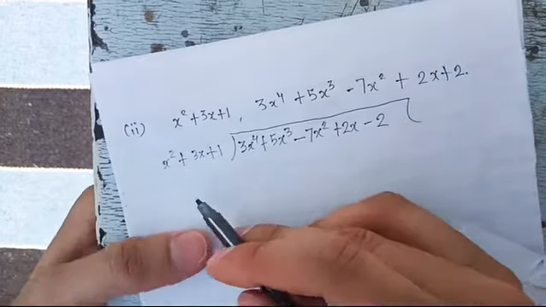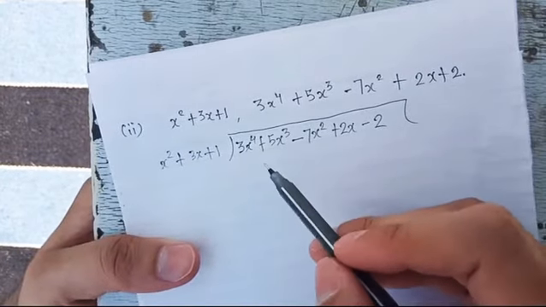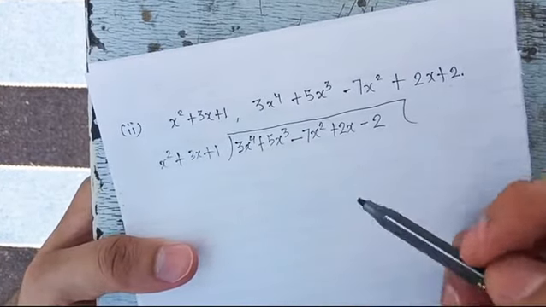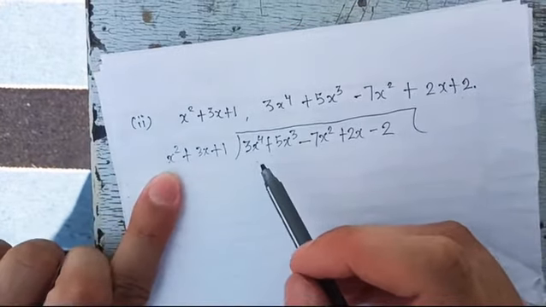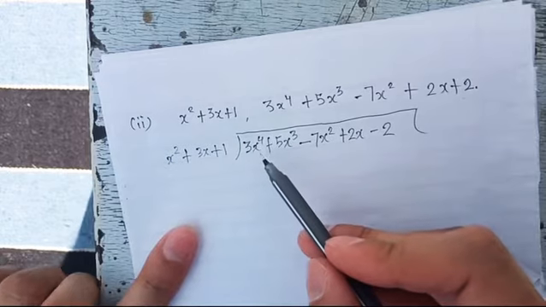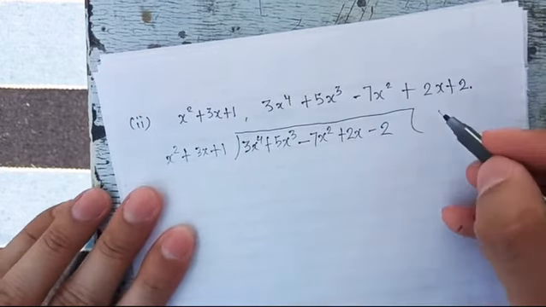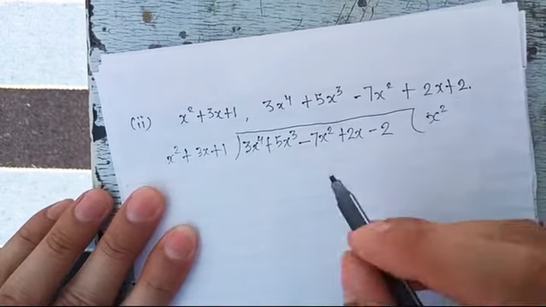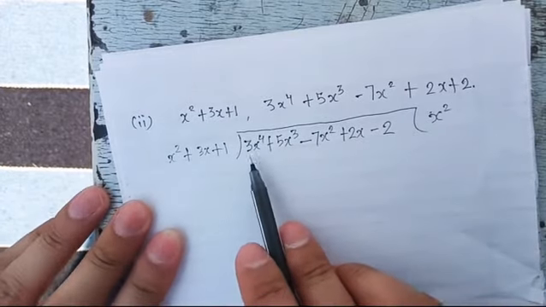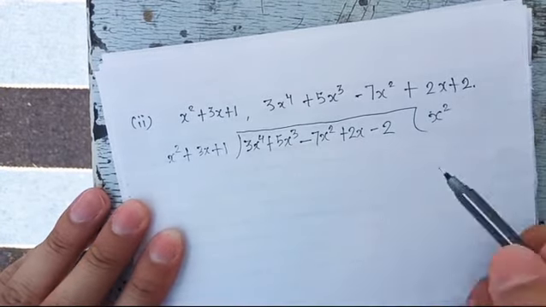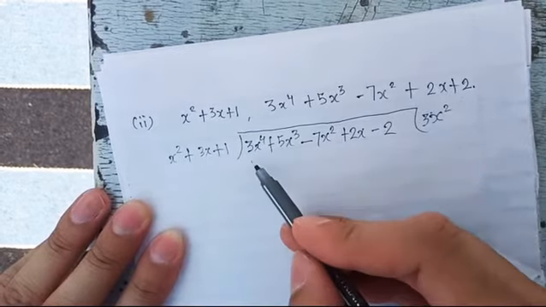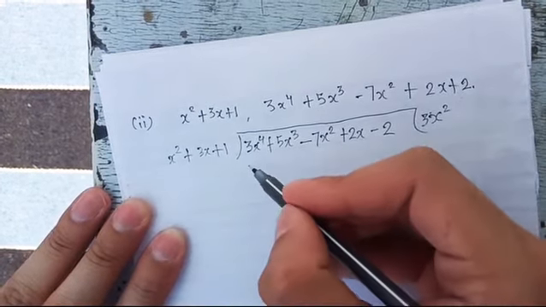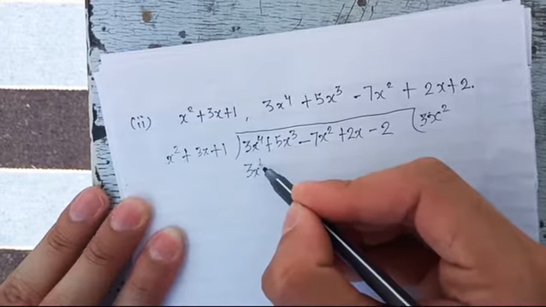Okay, now x square into x square will be equal to x to the power 4. That means from x square we need x to the power 4. So x square into x square will be x to the power 4, but there is a coefficient 3 also, so 3 should be multiplied with x square. So 3x square into x square will become 3x to the power 4.